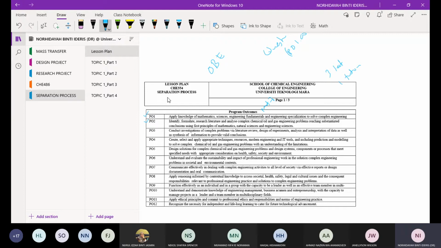The first one is apply knowledge. Okay, and because of this ODL, all the assignments and all the assessments are carried out online. So there are some changes in the program outcome, where the keyword now is that the student must apply the knowledge to solve a complex engineering problem.